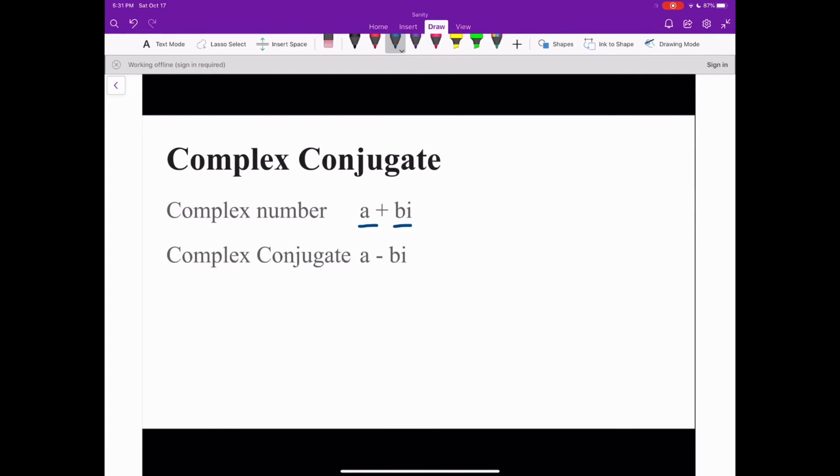The complex conjugate of a plus bi is a minus bi. The only difference here is that the sign of the imaginary part is now opposite. So for example, if we had a complex number that was 2 plus 3i, its complex conjugate would be 2 minus 3i.